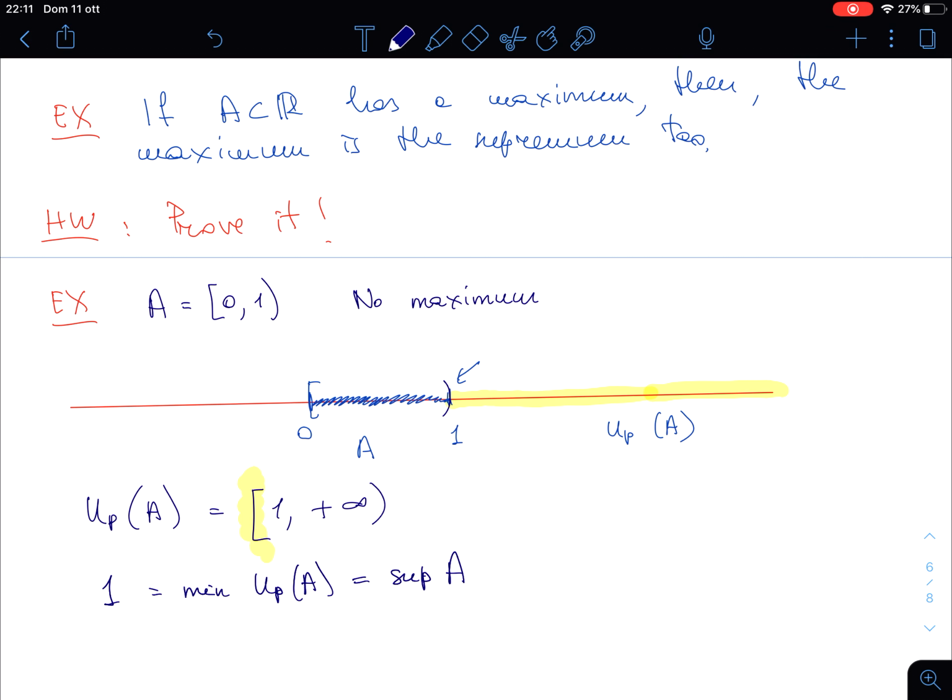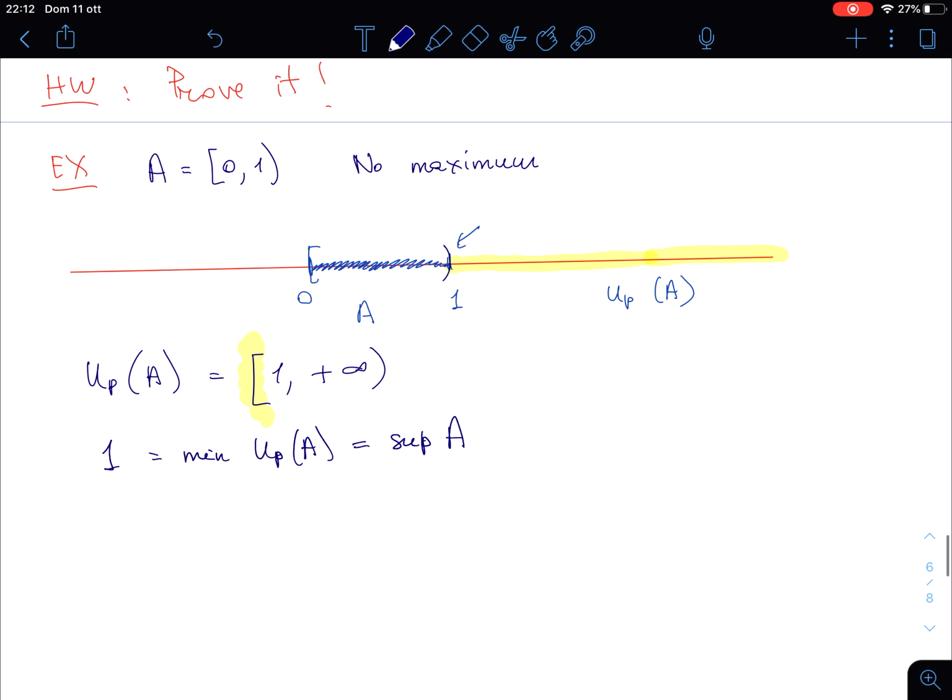So, I can give you some exercise too and try to prove these facts. First, consider A as the set of the numbers x divided by x minus 1, for x a real number different from 1.